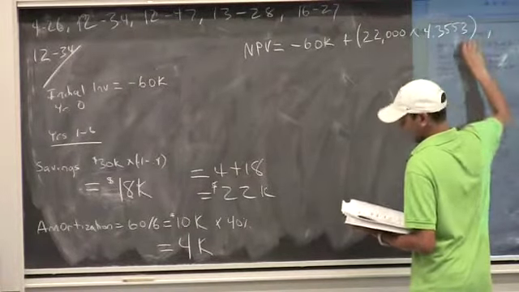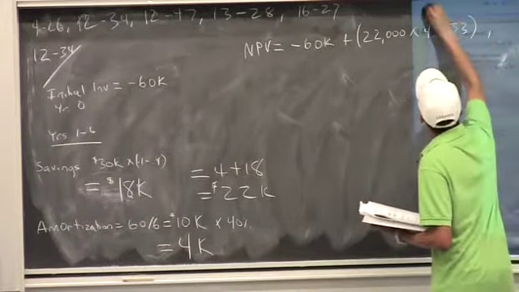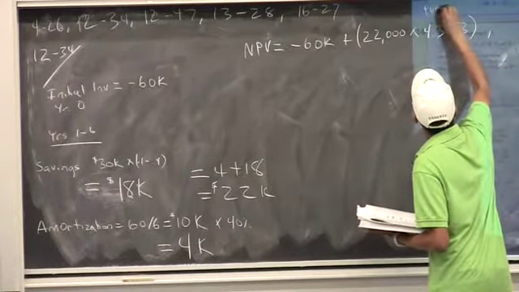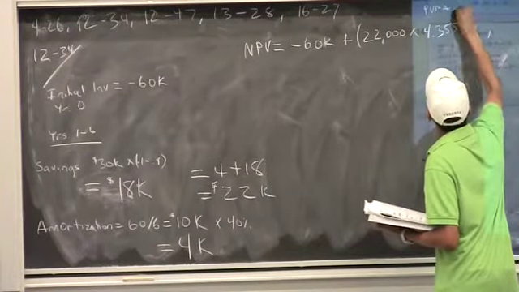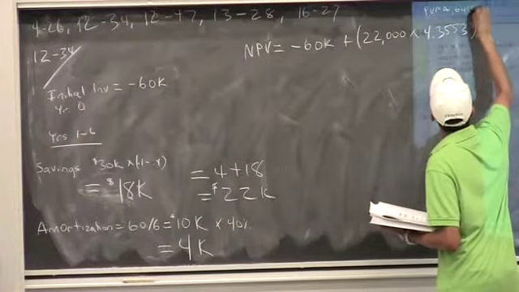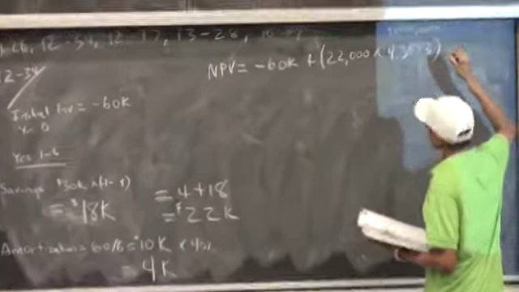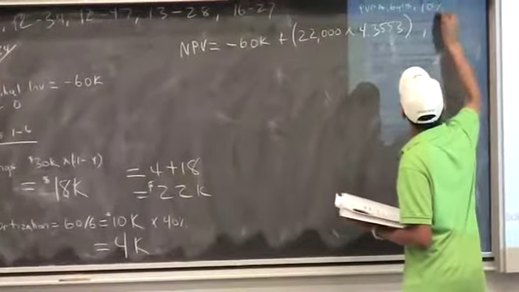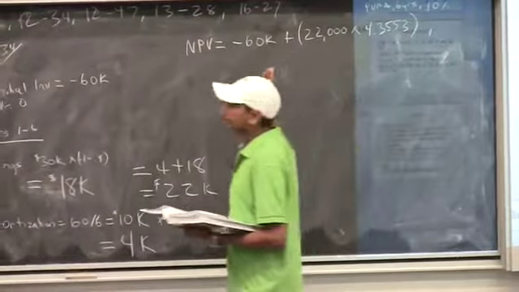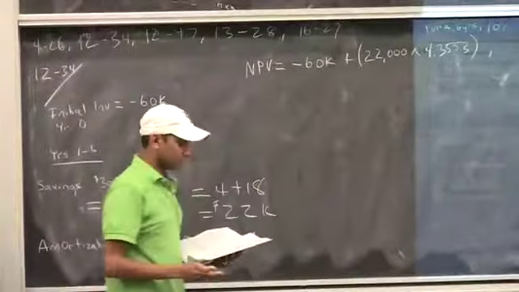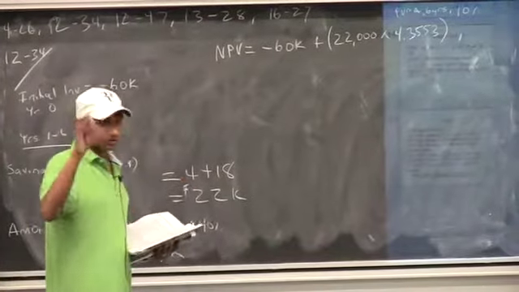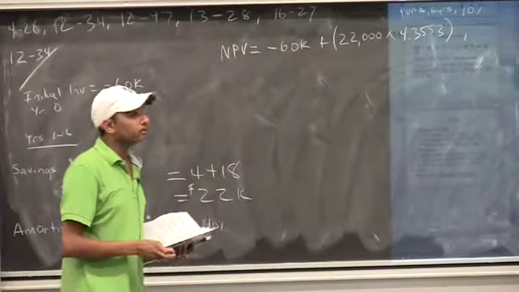That's your PVFA. I know this is small. 6 years and 10%. Okay, but you should know that. I'm telling you right now, so just write it down as I'm talking. So look up on your table 6 years and 10%, and you're good.